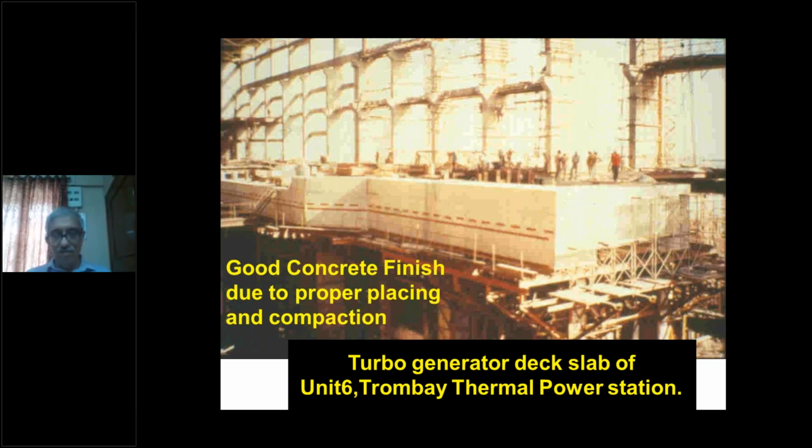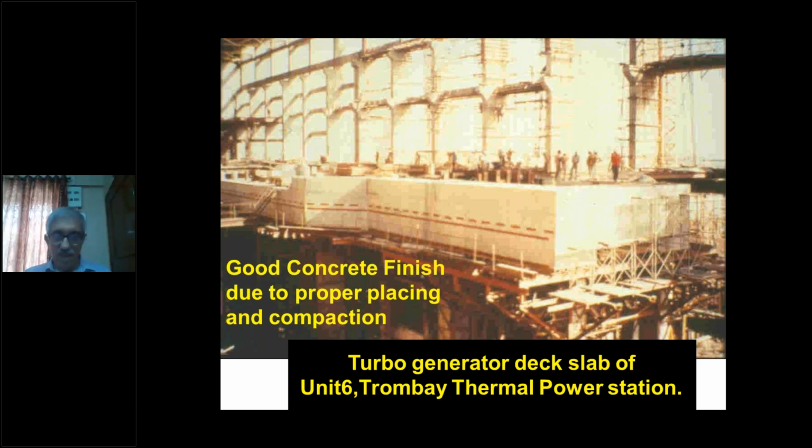And in unit number 5, whatever concrete we did in 24 hours had to be repaired, and the repairs took 2 months. The repairs cost 8 lakhs of rupees when the actual cost of concrete was only 2 lakhs of rupees, 4 times more.